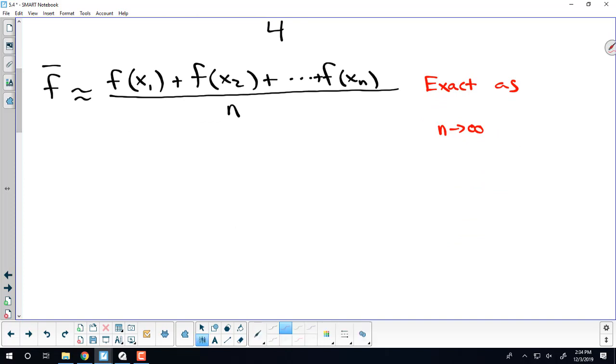So then the average value, and that's just some number, right? Just like your class average, it's just a number. Exactly is equal to the limit as n approaches infinity on this stuff here.